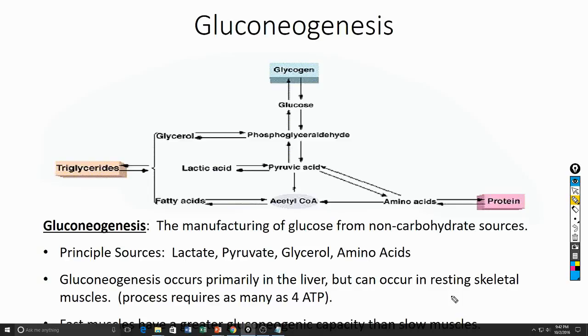It requires as many as 4 ATP just to make the glucose. And as we saw from the process of breaking down glucose, you only get 2 out of it. That's just how important glucose is to the body. It'll lose energy to make sure that it can create the glucose molecule. Alright? So that's the process of gluconeogenesis in a nutshell. We'll talk about this more as we go.